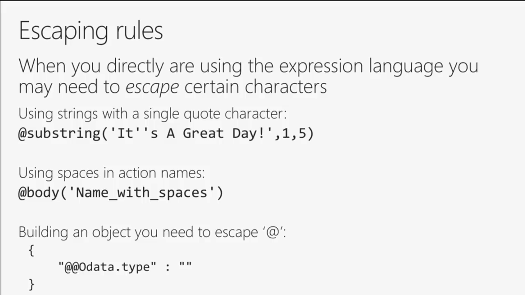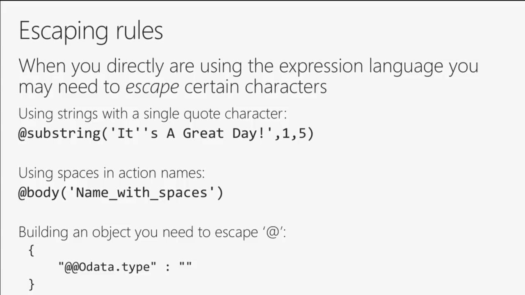But what happens if that string already has a single quote character in it? Well, you need to escape that character. The way you do that is by typing the single quote character twice, which is different from a double quote character, even though it can look very similar. So just keep that in mind if you're looking at something and you miss it.